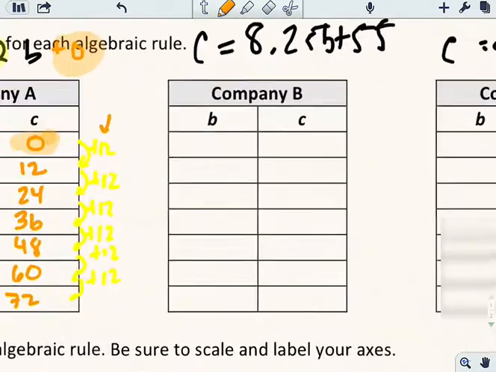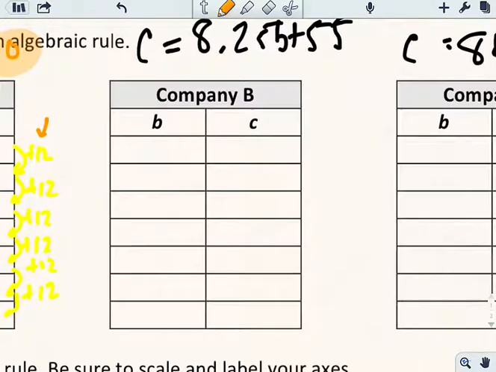Okay. And then let's look at company C. We're going to do the same exact thing we did before. I know that this vertical change has to be my multiplication. And my multiplication in this case is 8.25. So that's going to be the same at every step.